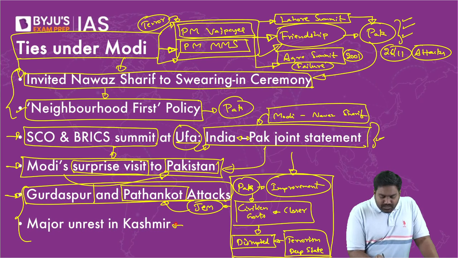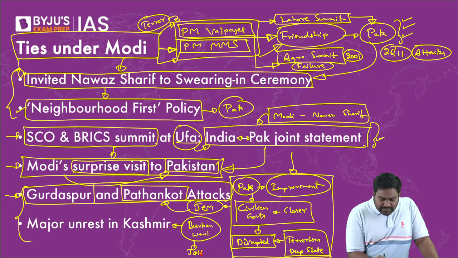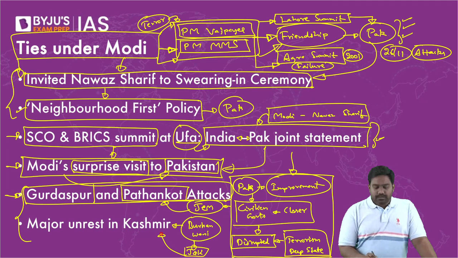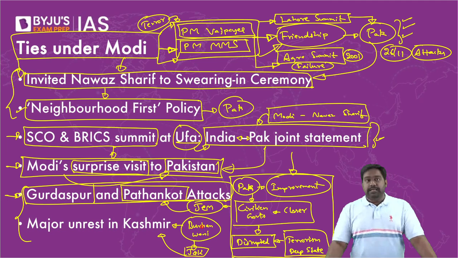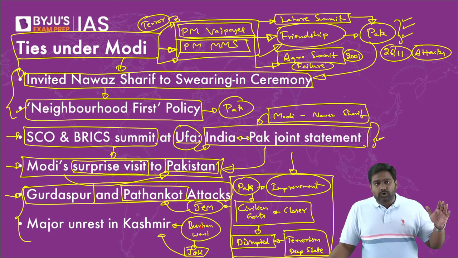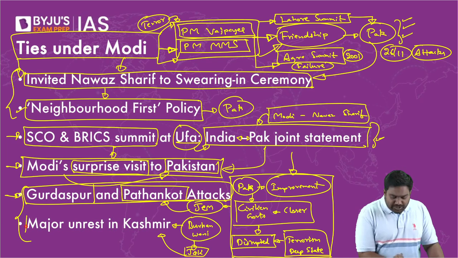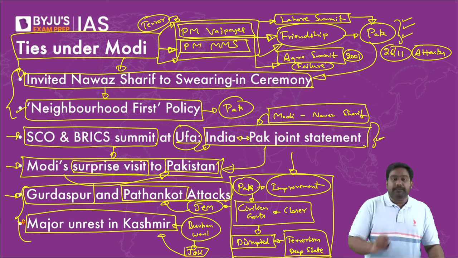Parallelly, a young breed of terrorists like Burhan Wani were promoted in Jammu and Kashmir to trigger unrest in Kashmir. When Indian forces killed Burhan Wani, right, it led to mob violence and severe unrest in Kashmir, which was exploited by Pakistan.